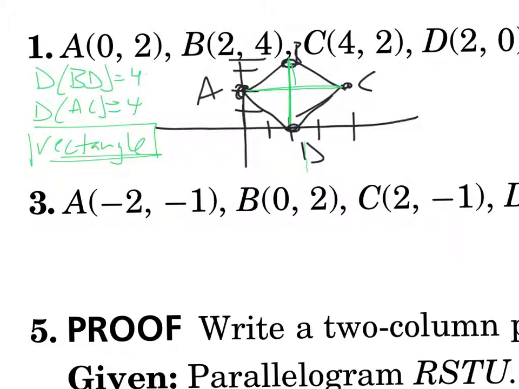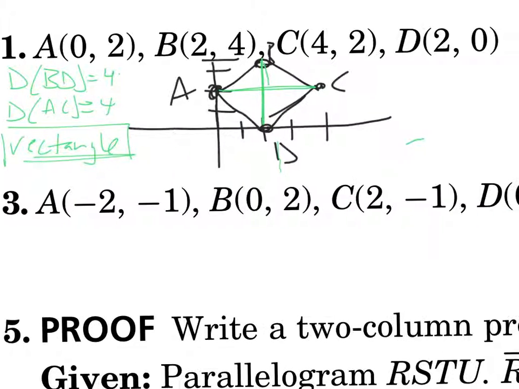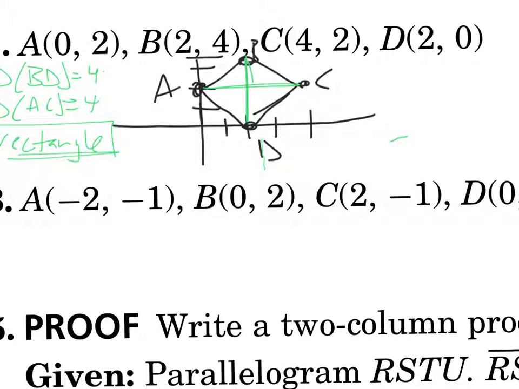Alright, so that's good. But we also have to test to see if it's going to be a rhombus. In order to test that, we need to find the slope of those diagonals, because one of the properties of a rhombus is that the diagonals are perpendicular to each other. You can kind of see right away here that they're perpendicular, but you have to actually show me. So the slope of BD, the slope of any vertical line, is undefined, or you can plug it in the slope formula and find that.